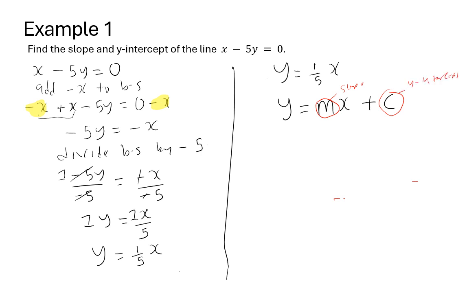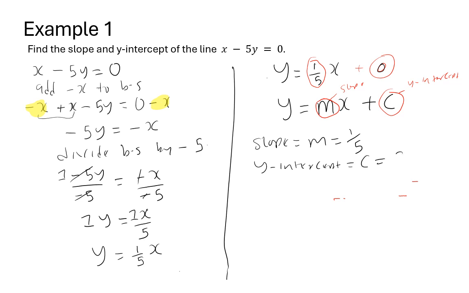If you compare the two, you can see this m is just this, and we don't have c here. So therefore, our c is just 0. So we can say that our slope, which is just m, is equal to 1 over 5, and our y-intercept, which is just our c, is equal to 0.